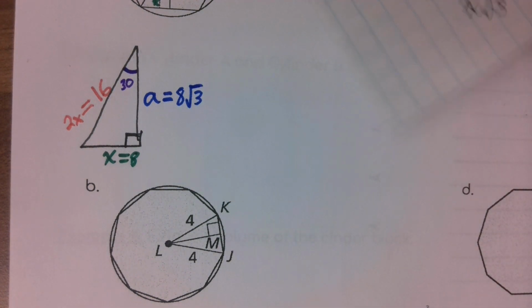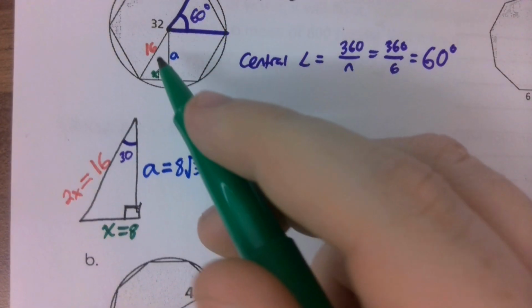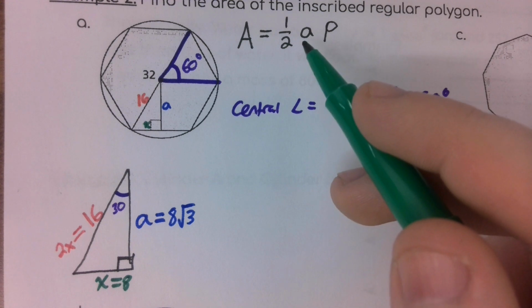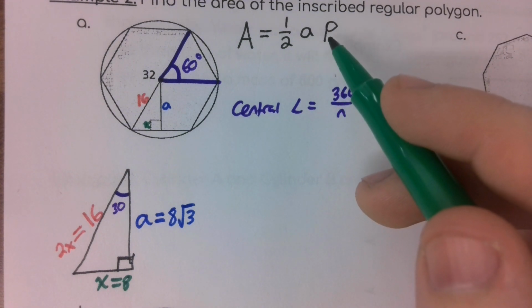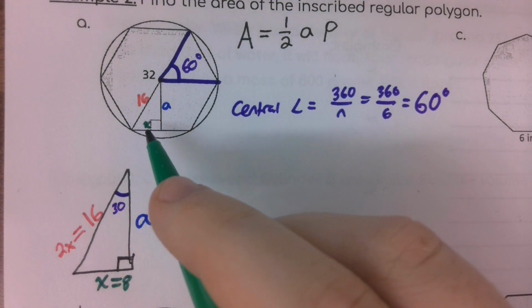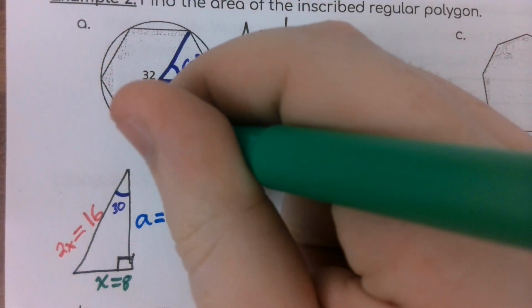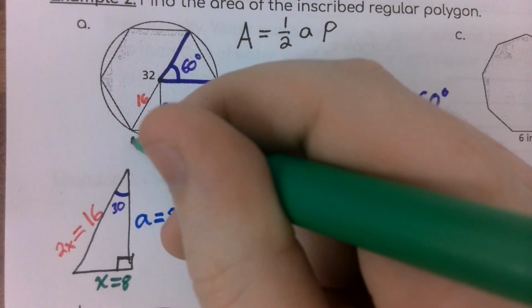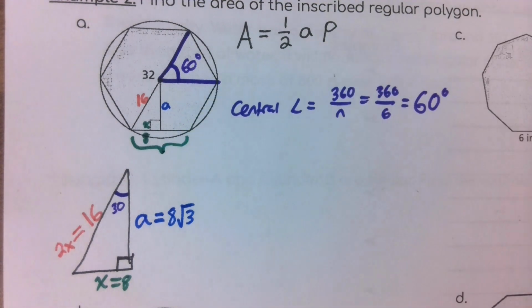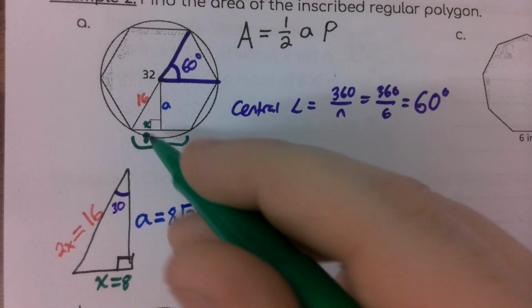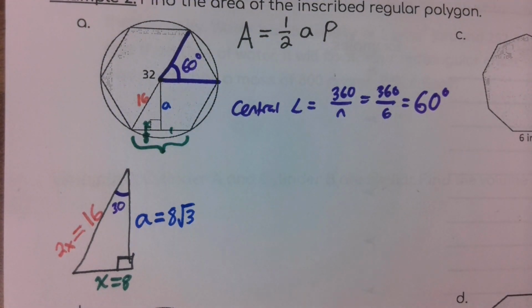Okay, we've actually got most of our information here already. But keep in mind, we need the apothem and we need the perimeter. This little x here ends up being 8. So what's the length of an entire side? Well, it's 2 copies of 8. It's 16.